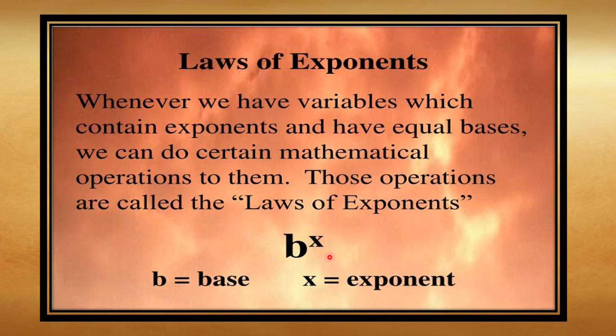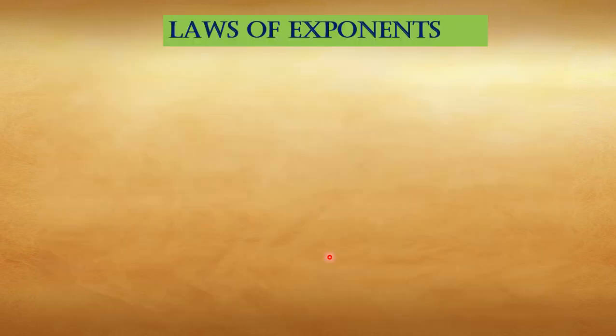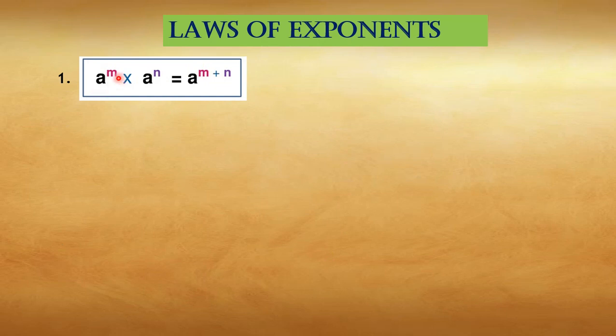So let us understand the properties of exponents. The first property is a raised to the power m into a raised to the power n is a raised to the power m plus n. The bases are the same and the exponents are different, so when these two exponential forms are multiplied, we get a raised to the power m plus n.